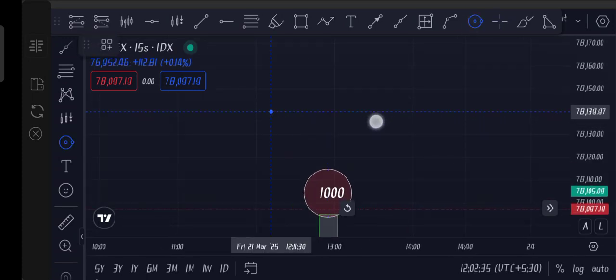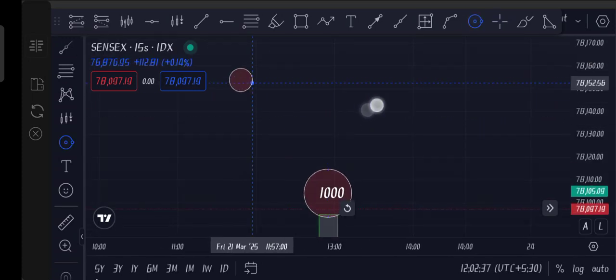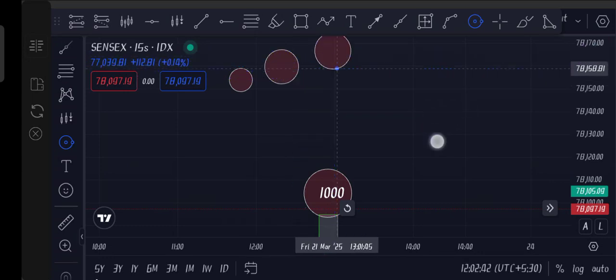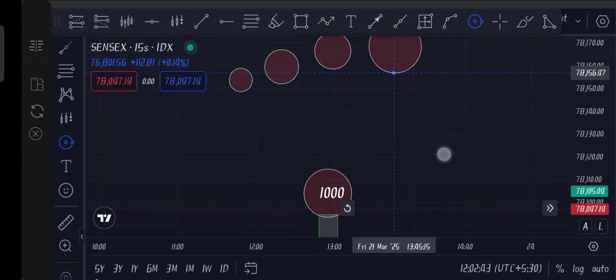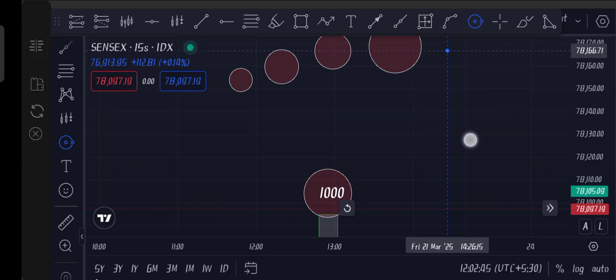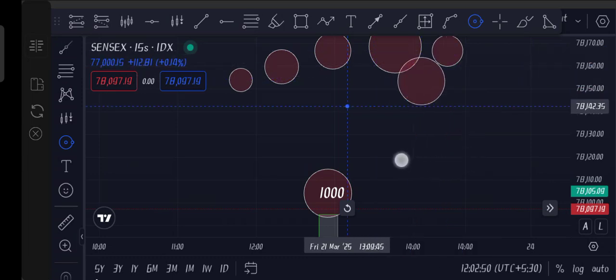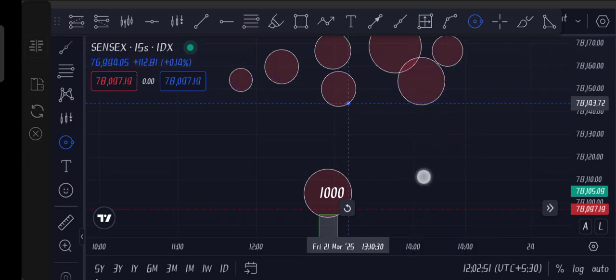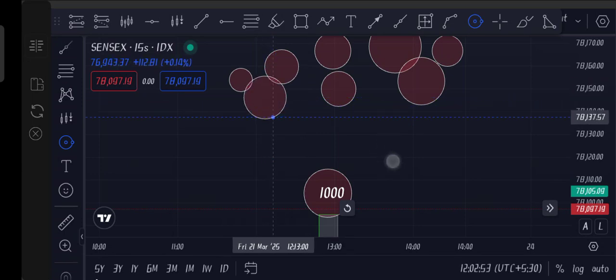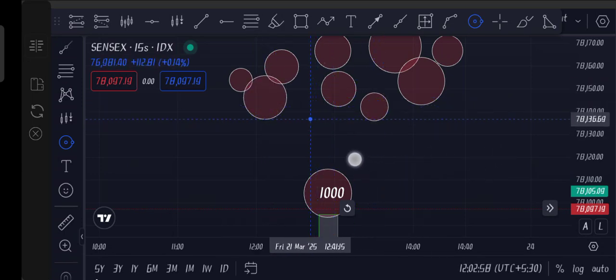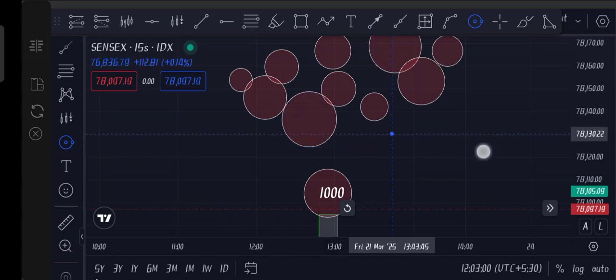But like this, with 1,000 apples there are a number of persons, thousands and thousands. Some have bigger amounts, some have smaller, but each has a different amount of apples available in the market. This person is selling from that, this person is buying from that.